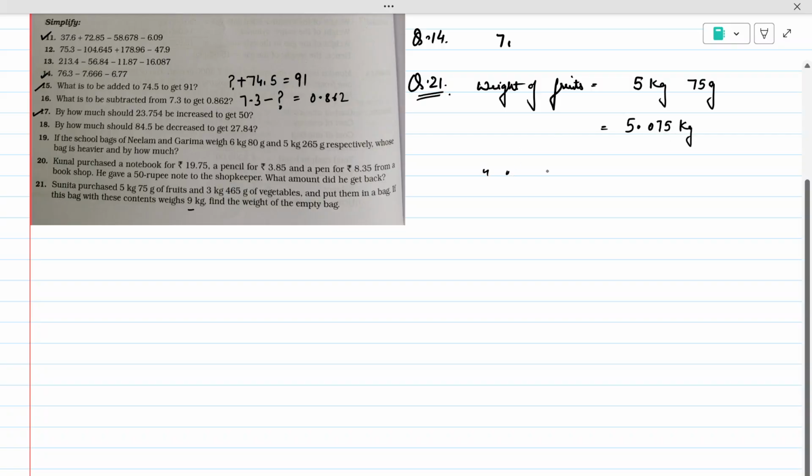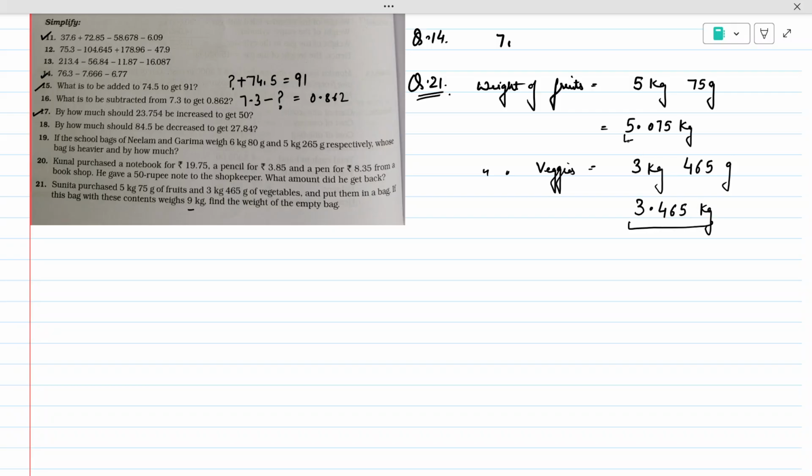Now the weight of vegetables is given to us as 3 kg 465 grams. We know how we have to convert. This will become 3.465 kgs. This is one weight, this is one weight. This is going to give us the total weight of the items inside the bag. So let's add them.